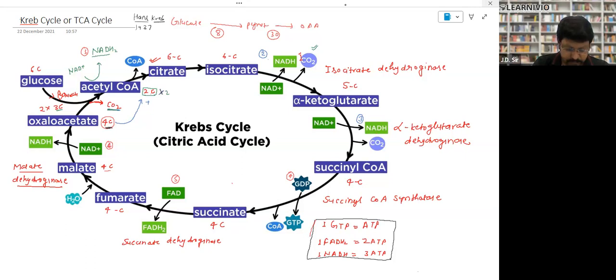Next point. Krebs cycle is a stepwise, oxidative and cyclic degradation of acetate, which is derived from pyruvate.